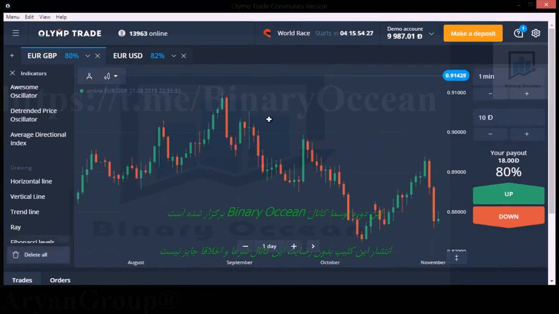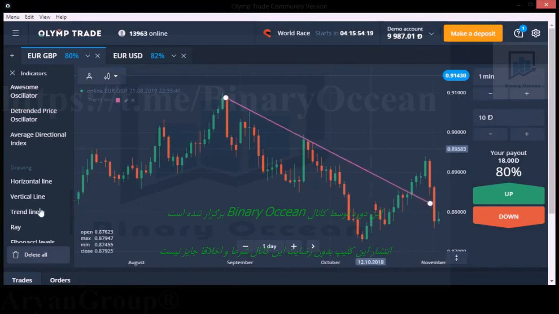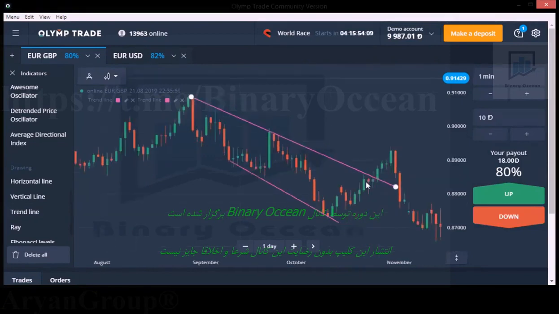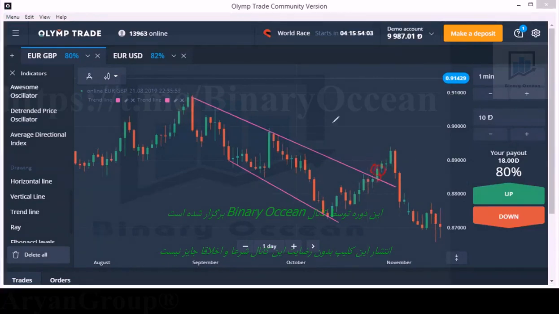And here, I think there is no entry point here. Okay, there is no opportunity. Here we have an opportunity, but we are seeing a breakout candlestick. Again, we may lose our trade. So there is no opportunity here.